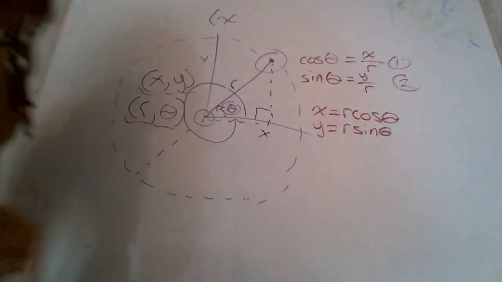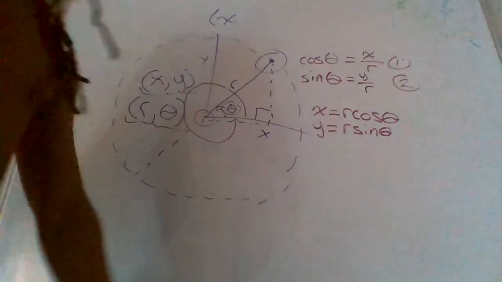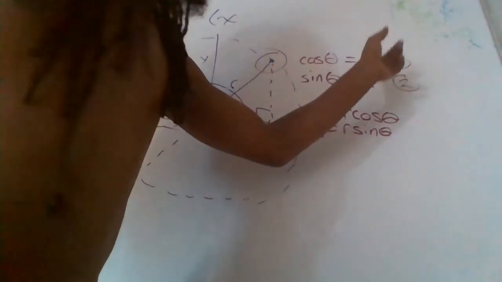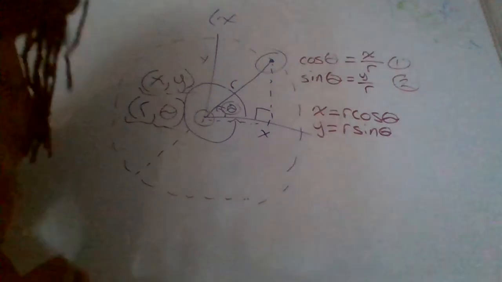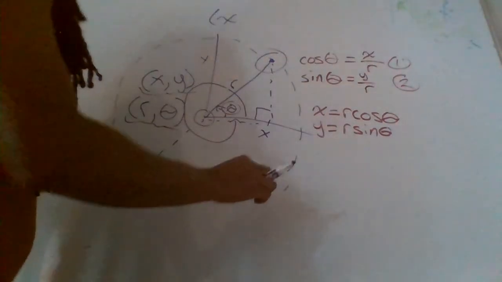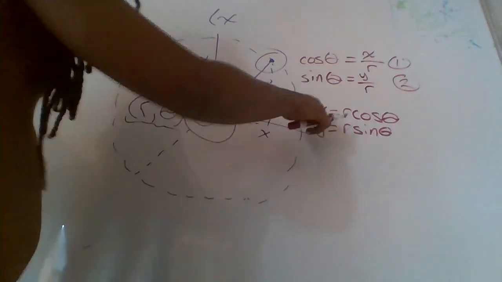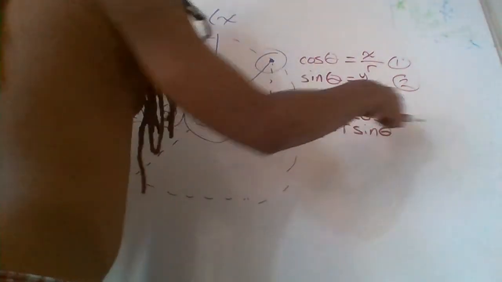And once again, cosine and sine are just two fractions. They are just ratios, one number from the set of integers over another number from the set of integers. Now, we have just written x and y in terms of r and theta.